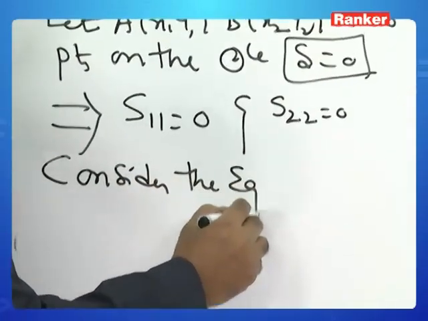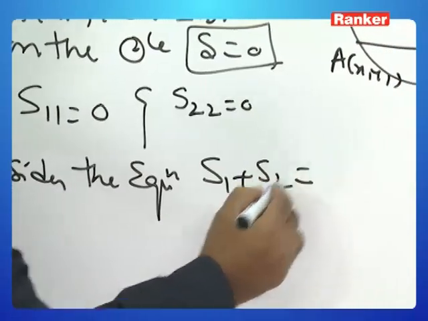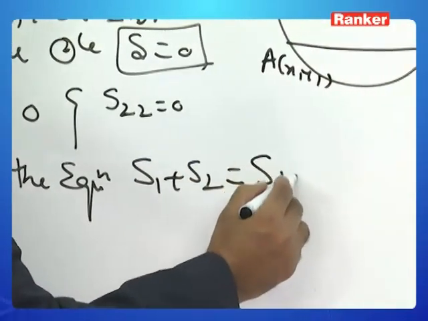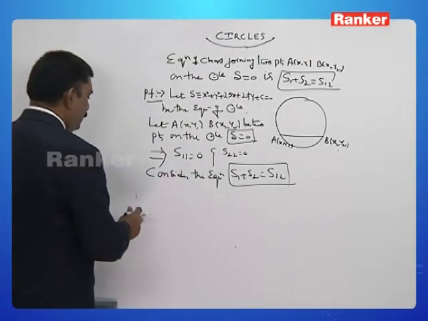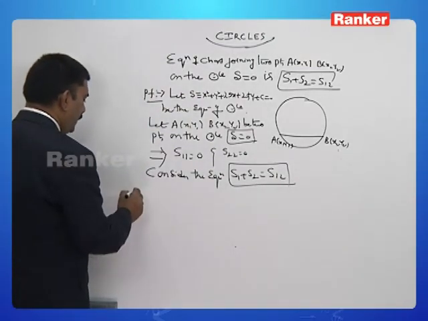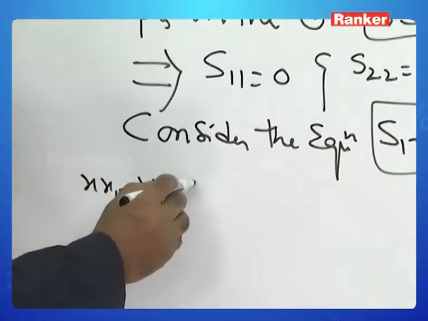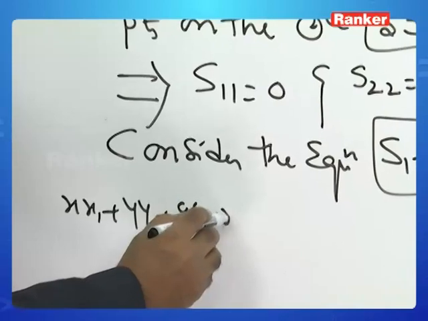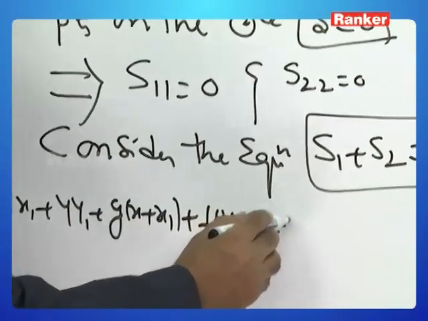Now, consider the equation S1 plus S2 is equal to S12. Let us write what is S1: xx1 plus yy1 plus g into x plus x1 plus f into y plus y1 plus c.